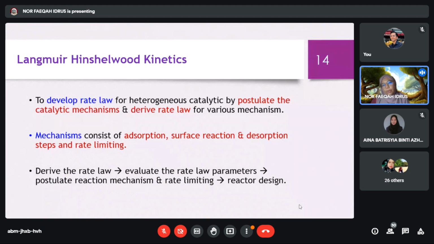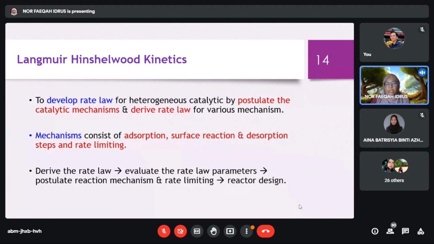Okay, first we look at the Langmuir-Hinshelwood kinetic. Why is this kinetic important? Based on the Langmuir-Hinshelwood mechanism, we can develop the rate law equation. So with the rate law, we can determine the kinetic of reaction.